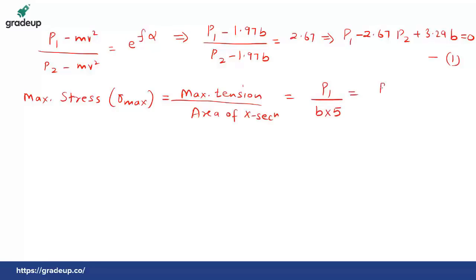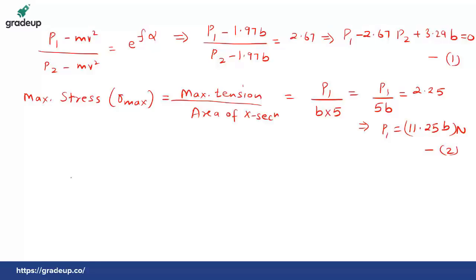So this will be P1 upon 5b, and this value has been given to you as 2.25. From here we get the value of P1 as 11.25 b newtons. This is equation number 2.